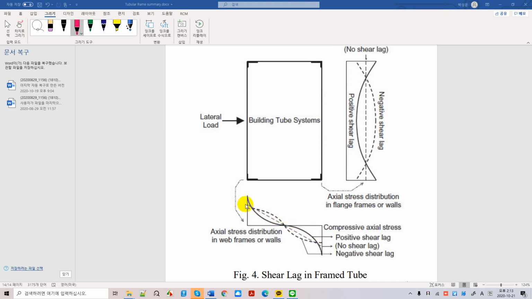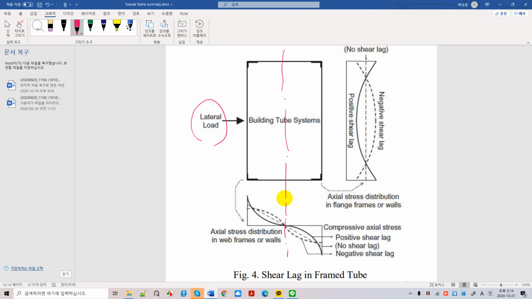It looks like a strain compatibility line here, so that the actual load is proportional to the distance from the neutral axis. You have the neutral axis right here. So I may plot the neutral axis here, and you have a neutral axis here as well.